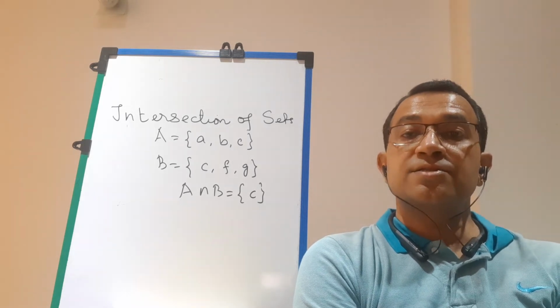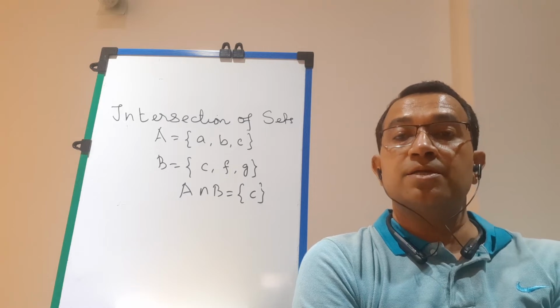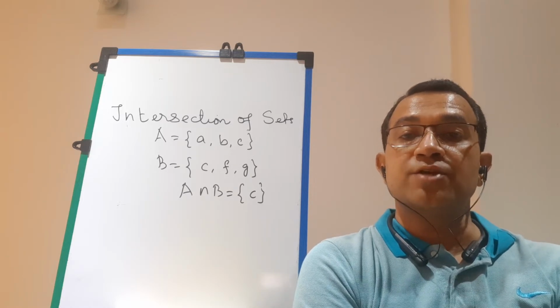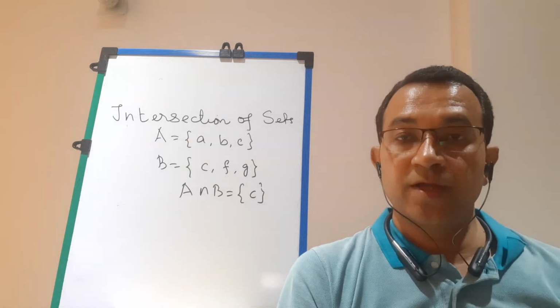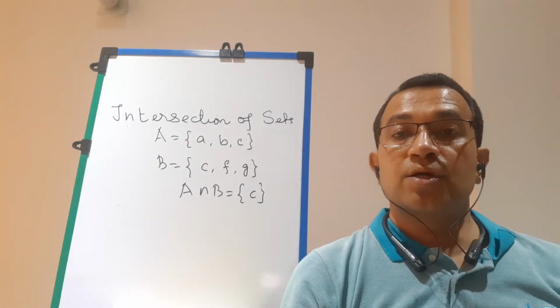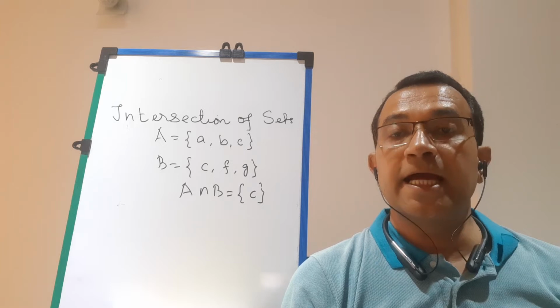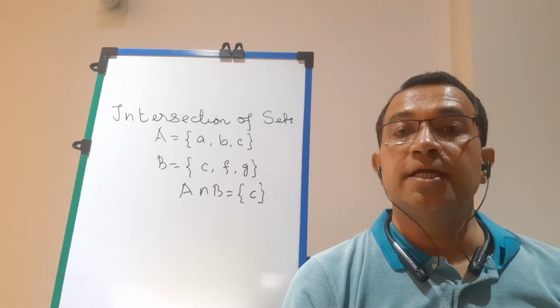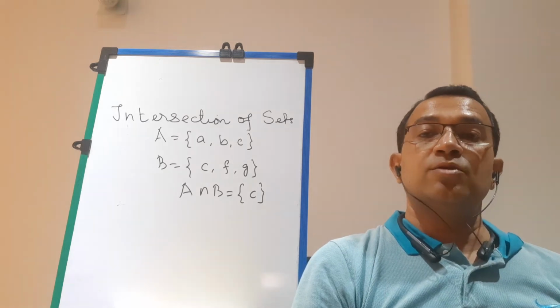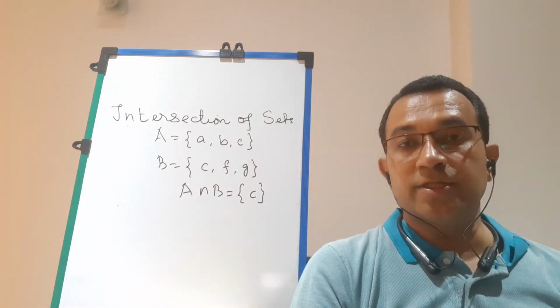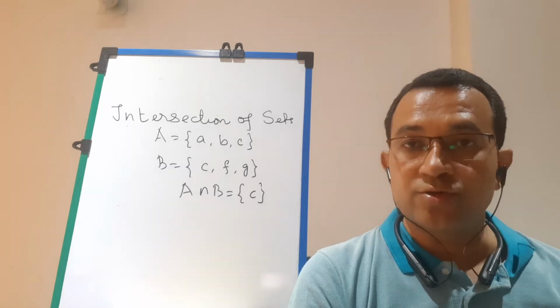The set consisting of common elements to A and B, students, is called intersection of given sets, and it is denoted by A inverted U B, that stands for intersection, students.